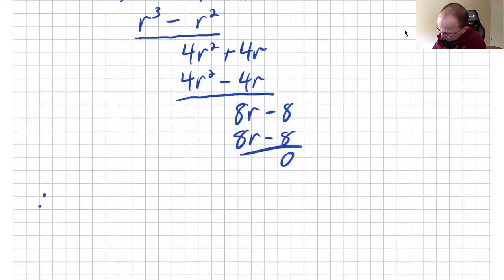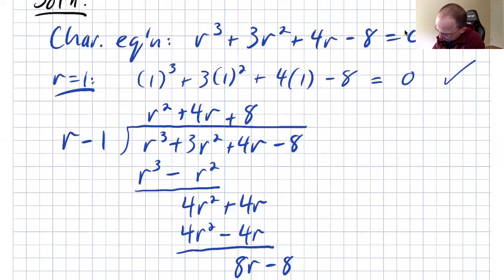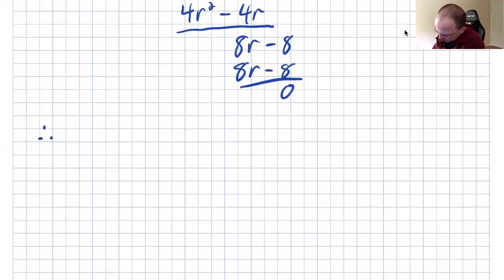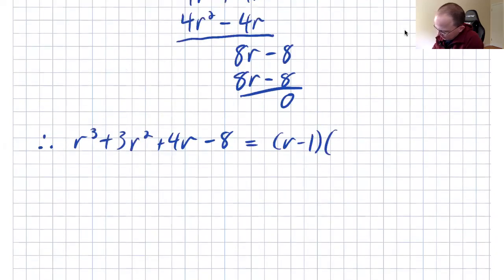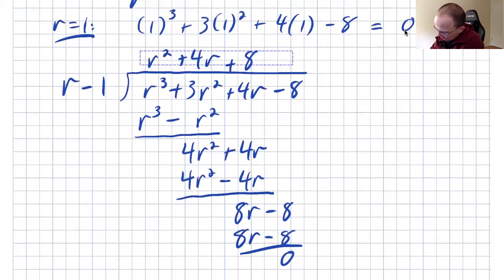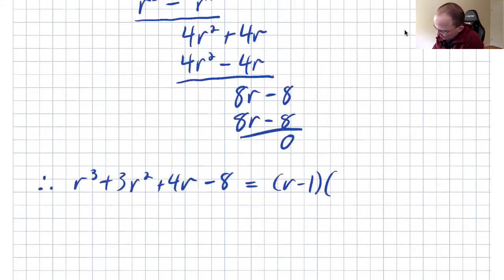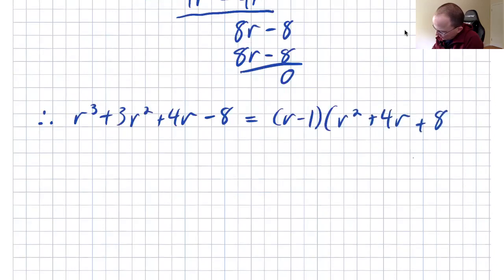So therefore, r cubed plus 3r squared plus 4r minus 8 is equal to r minus 1 times this quotient. Okay, so now we need to factor this part here, or find the roots of this part.